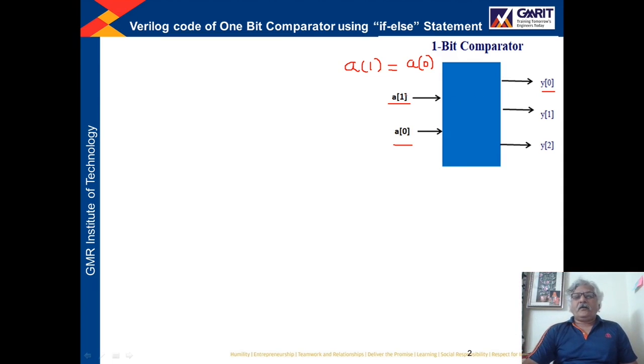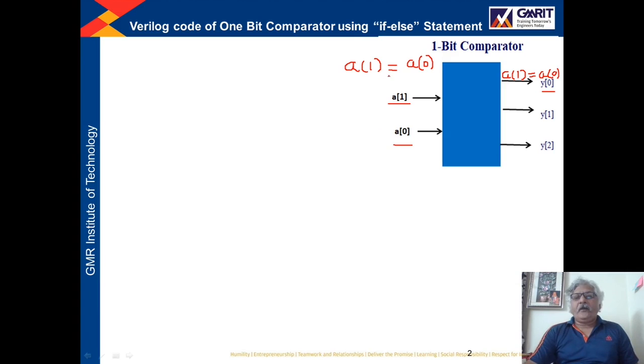So this output Y0 will be high if A1 is equal to A0.